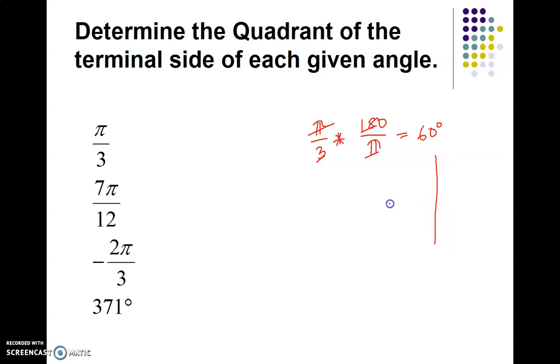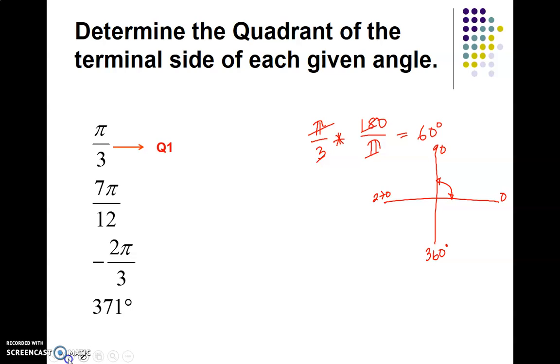In this quadrant, we have 0, 90, 270, 360 degrees. Therefore, 60 degrees belongs in the value between 0 to 90 degrees. So the answer for the first given, pi over 3, is quadrant number 1.